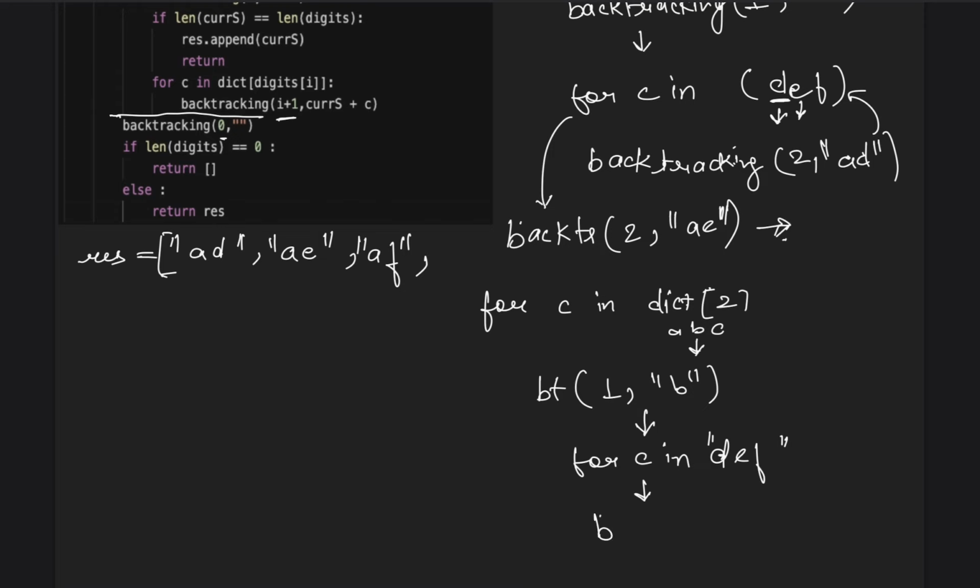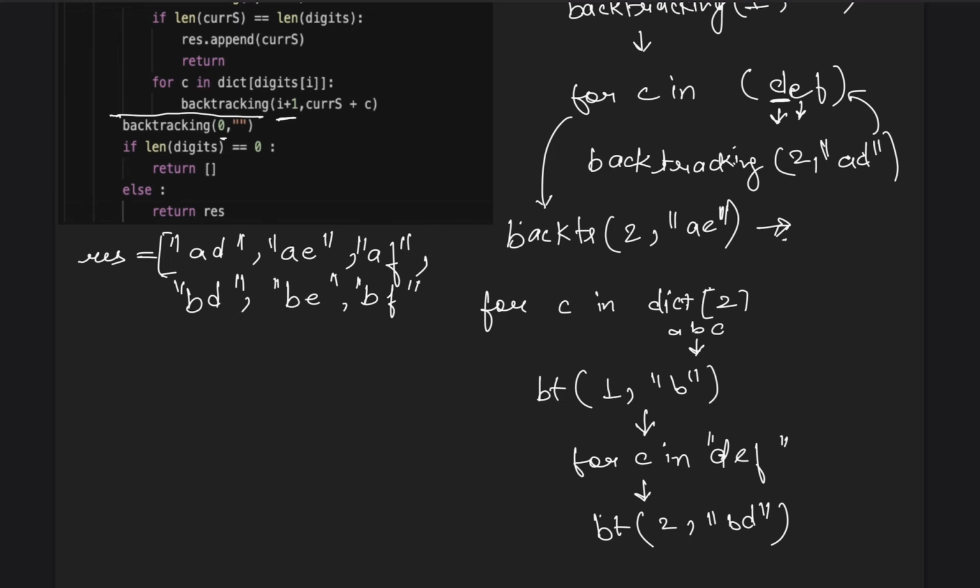This is BT. It will send 2, then B and D. It will append to that array, and we will backtrack since we got that. Then we are going to backtrack again, then we will be using BE, then BF.